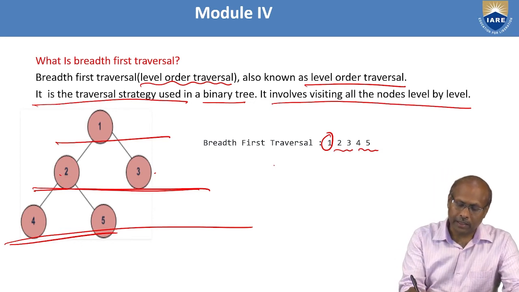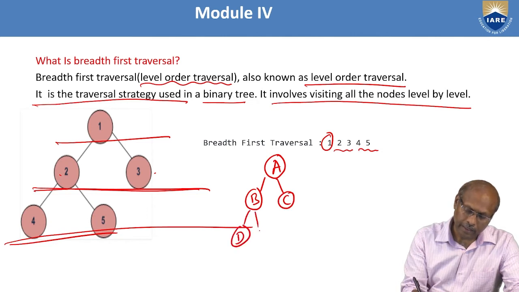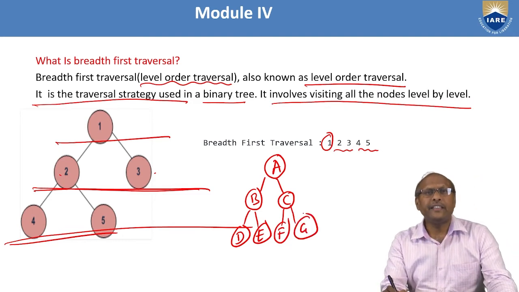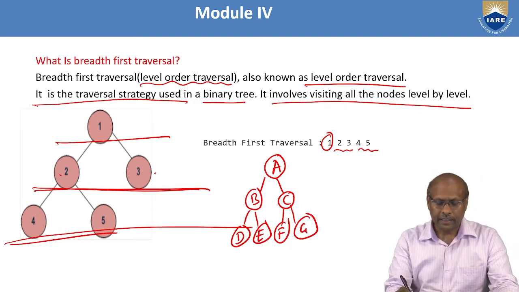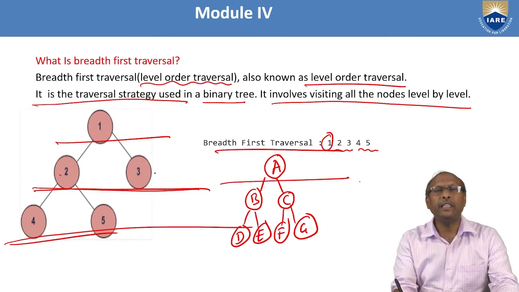For example, they may give a tree like this: A, B, C, D, E, F, G. Assume this is the given tree. How many nodes are there? There are 7 nodes. Now they may ask, what is the level order traversal for this tree? First you have to print level by level.